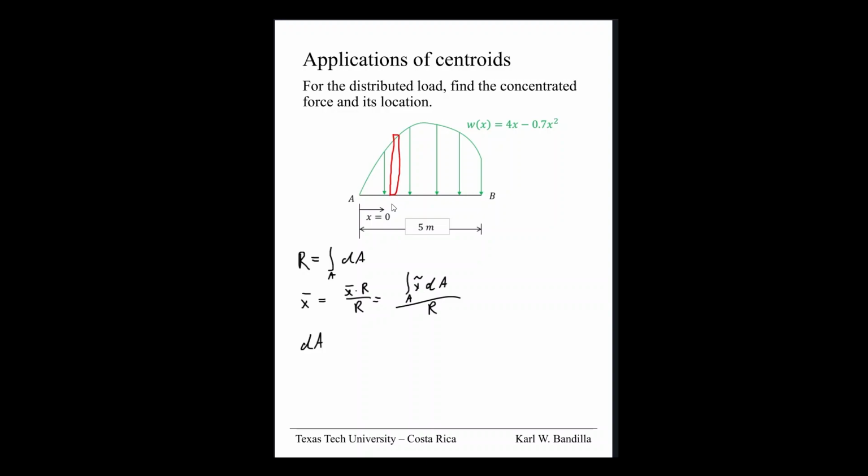This is our dA, and that is dx. And this height here is, in our case, w of x. Let's rewrite that w of x there, it looks a little strange.